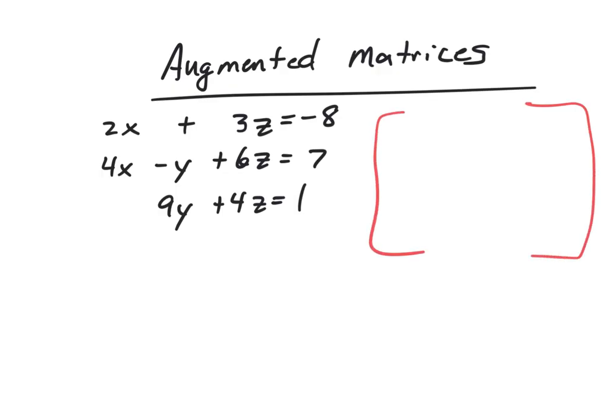When it's 3 variables and 3 equations, we're going to make it a 3x4 matrix. So we have to write a 3x4 matrix that would represent this.